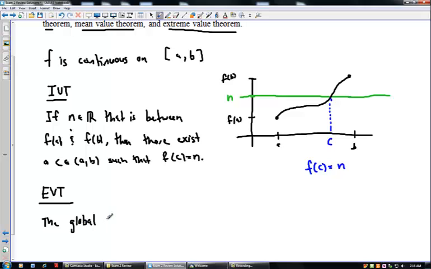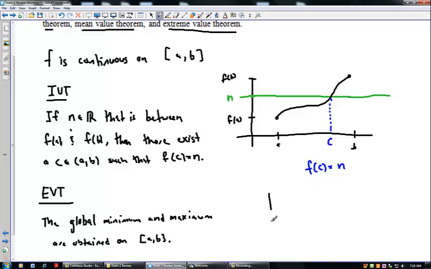The global minimum and maximum are obtained on the closed interval AB.